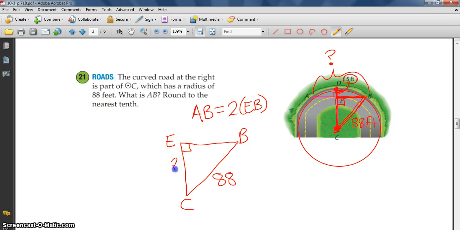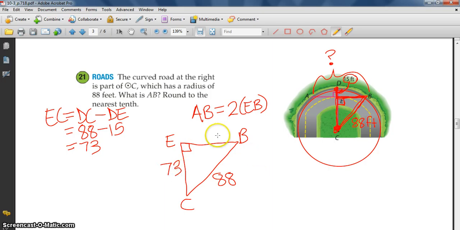So if I want a length for EC, I need to subtract 15 from that entire radius there. So EC is equal to DC, the radius, minus DE, which we are given 15 for. So 88 minus 15, and we get 73. So EC is 73, and let's find EB.